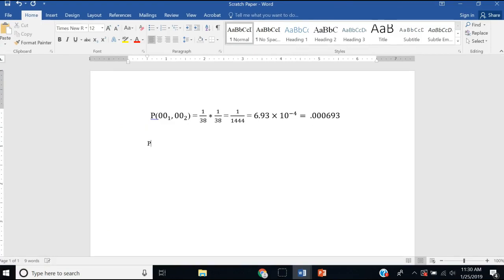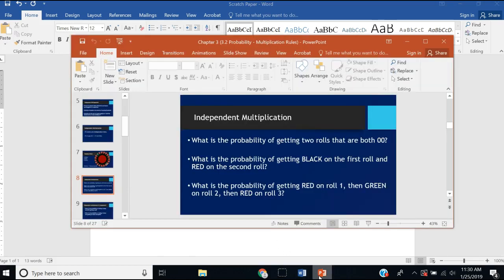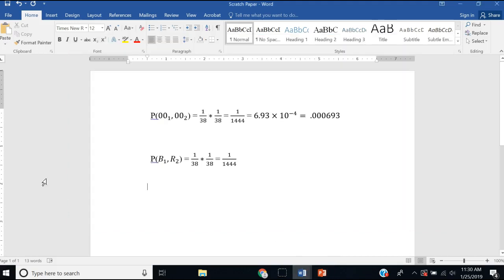So we're asking for the probability of getting black on the first roll, then red on the second roll. That's how I denote it: B on roll 1, R on roll 2. Black on roll 1, red on roll 2.